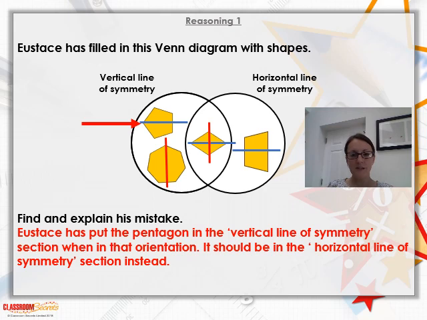Okay, so just looking at this irregular quadrilateral here, or a trapezium, this shape has a horizontal line of symmetry. Let's see if I can just use the blue line here. I've got this diamond or rhombus here in the middle that has both a vertical and a horizontal line of symmetry.